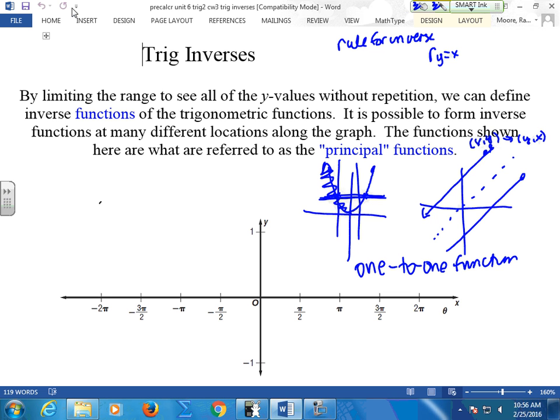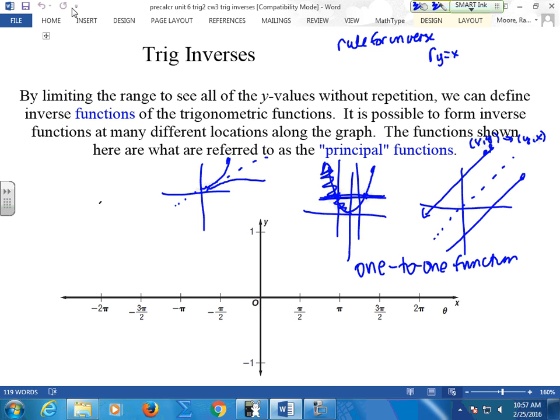We did either an increasing or a decreasing leg or arm, whatever you want to call it. We had to restrict the domain. So we said, use just this part of my parabola and then make its true inverse. We took this point, say it was 0, 2, we made it 2, 0, and we moved it over. That would give us a true inverse. We had to restrict its domain.